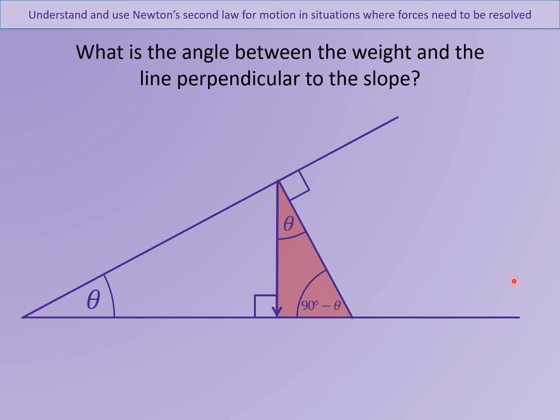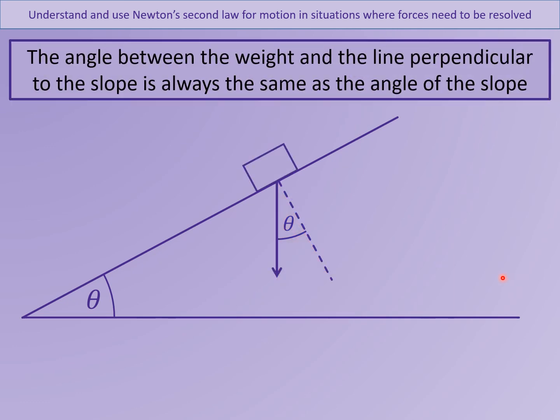Now that's a really important fact that we've shown with a bit of GCSE trig. It's really important because every single time I want to work out the components to do with weight, I always use that fact. I draw a dotted line perpendicular to the plane.